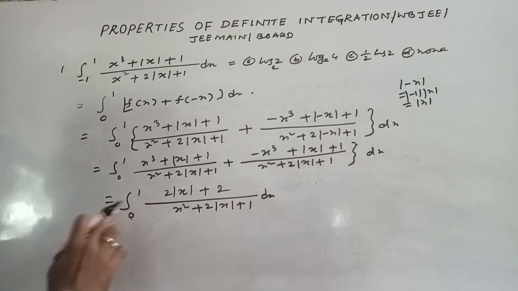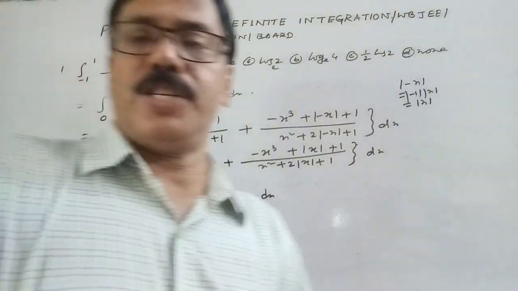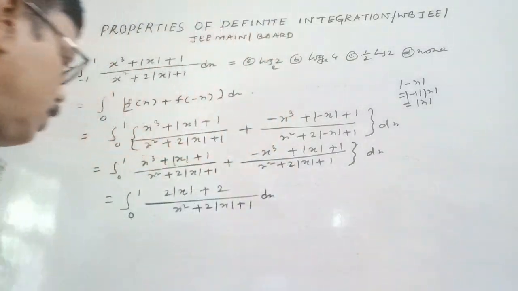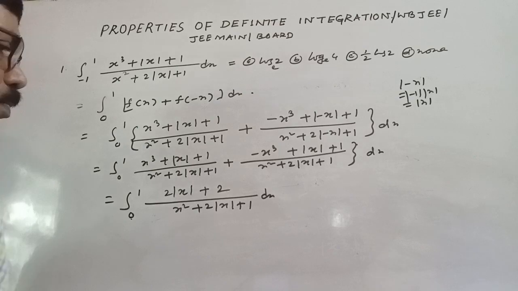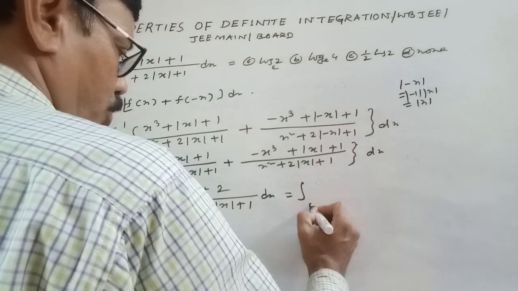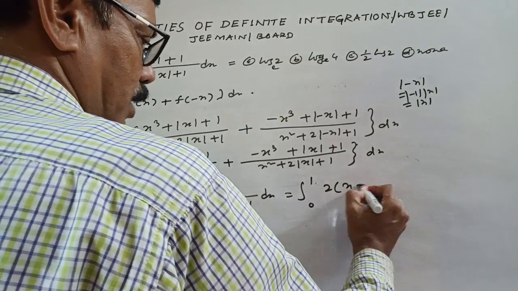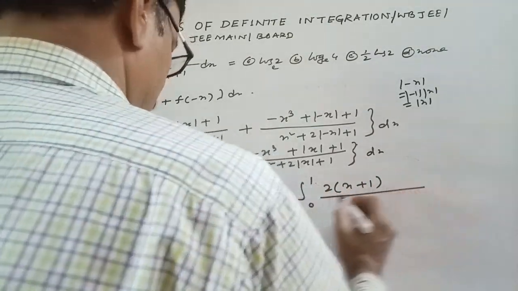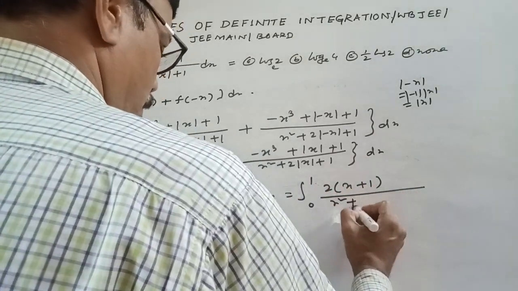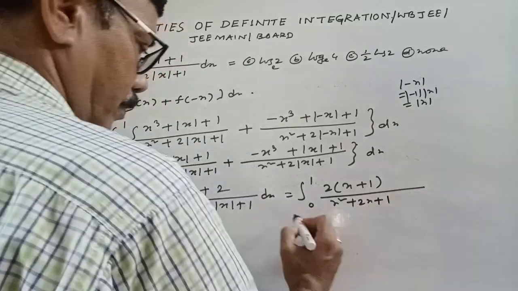So in between 0 to 1, x is positive. So mod x is positive. So 0 to 1, 2 into mod x is x plus 1. And this is x square plus 2x plus 1.